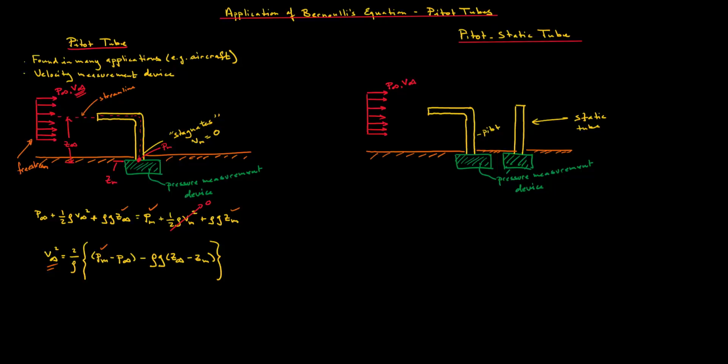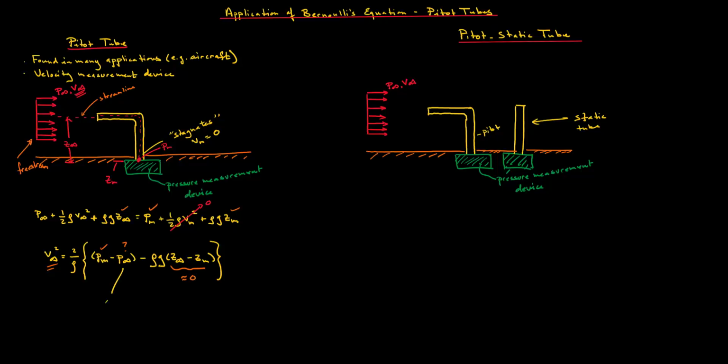Now, we can simplify this a bit. Typically pitot tubes are not very big, so we could say that this elevation term is approximately equal to 0. However, this requires knowledge of the free stream pressure.